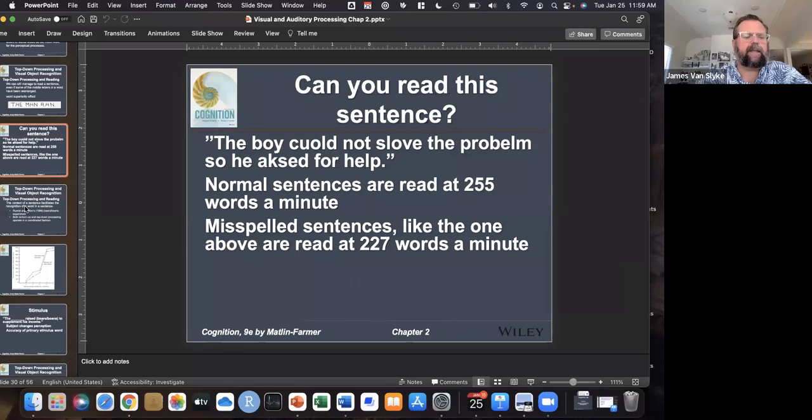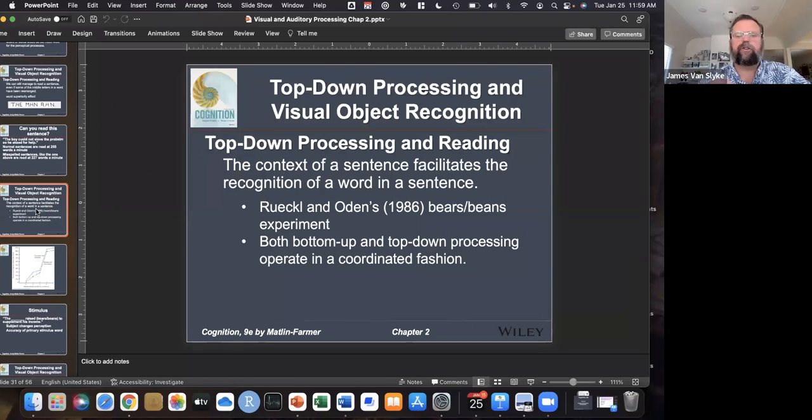Now, the same can happen in terms of the content of a particular sentence. So the context of a sentence actually facilitates the recognition of what a particular word is in a sentence.